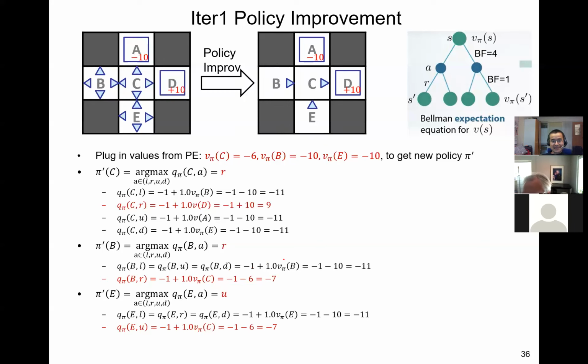And similarly for E, the up direction is the argmax. So now after the policy improvement, we already have the optimal policy, but we cannot be sure until we run another iteration.